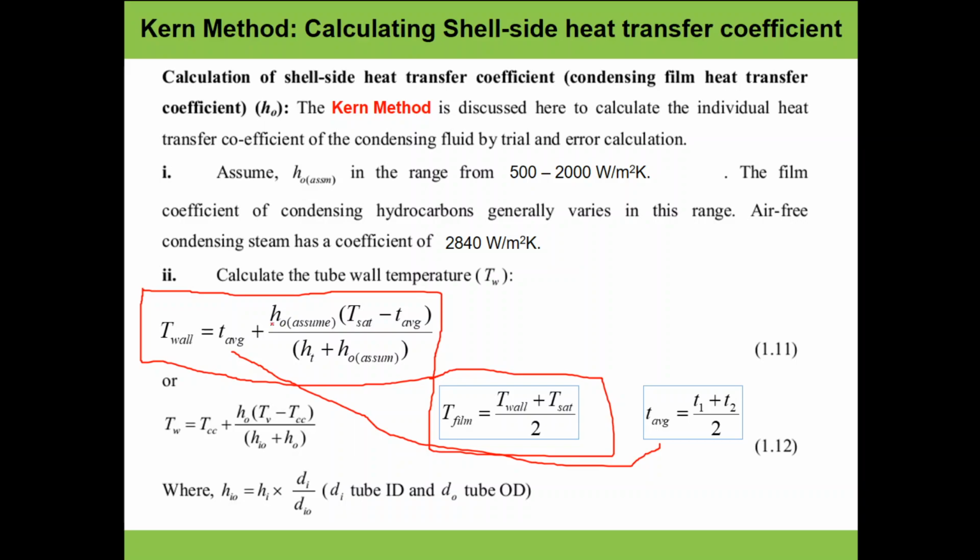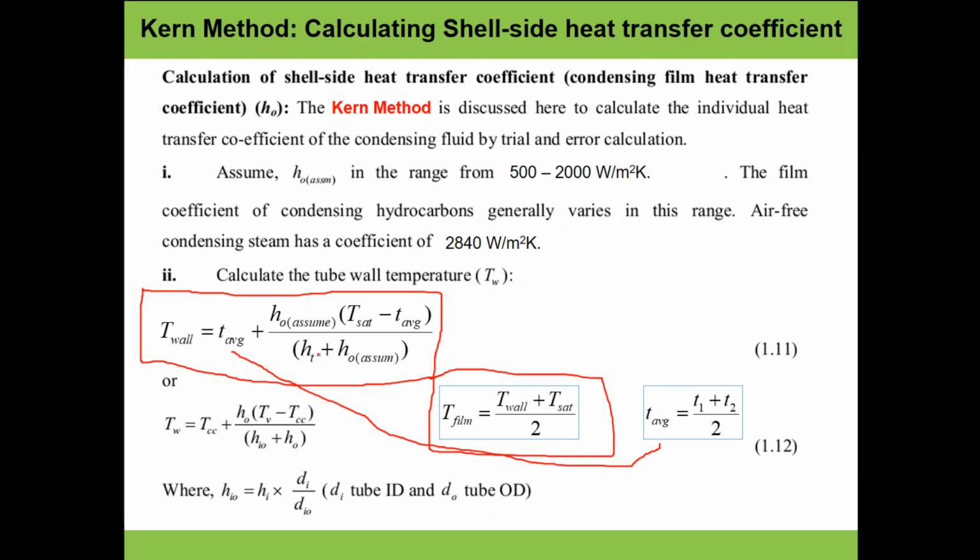In the beginning we will assume some value for the shell side heat transfer coefficient. T saturation we can get from the steam table, and the tube side heat transfer coefficient we have to calculate before we do this process.